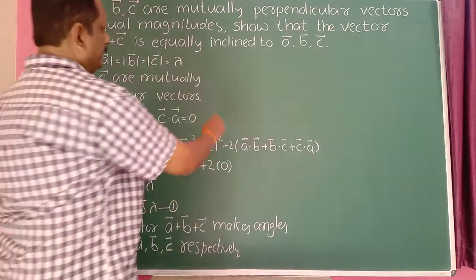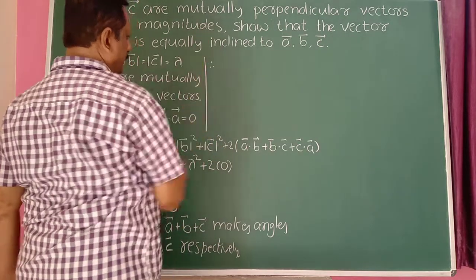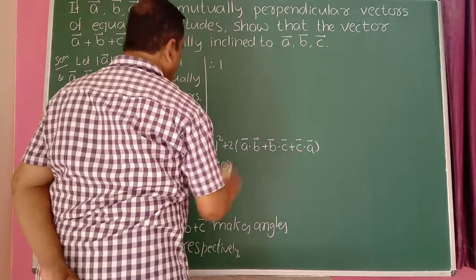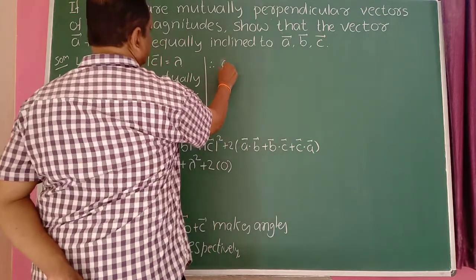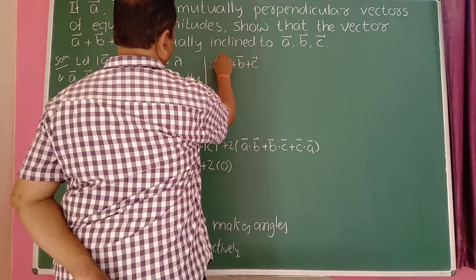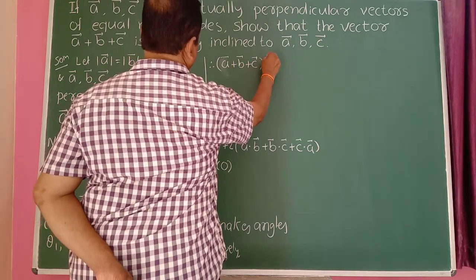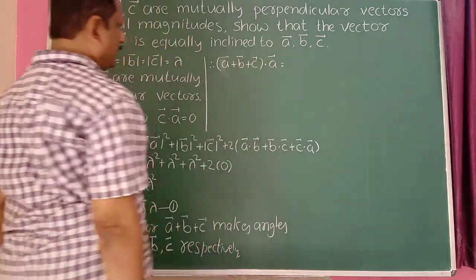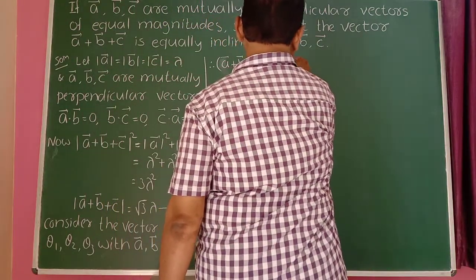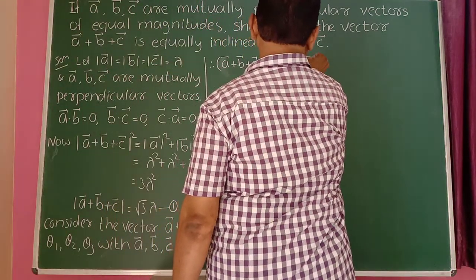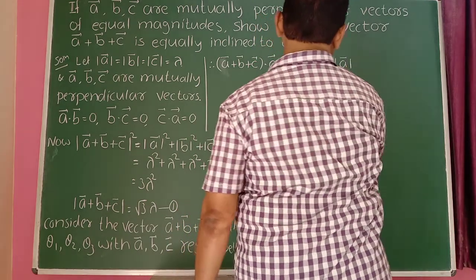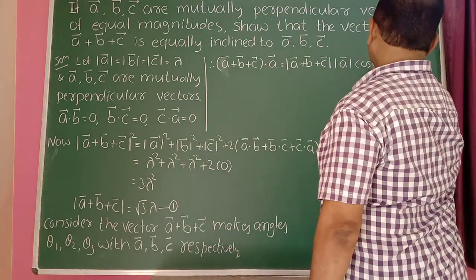Therefore, (A bar plus B bar plus C bar) dot A bar is equal to modulus of A bar plus B bar plus C bar into modulus of A bar into cos of theta 1.